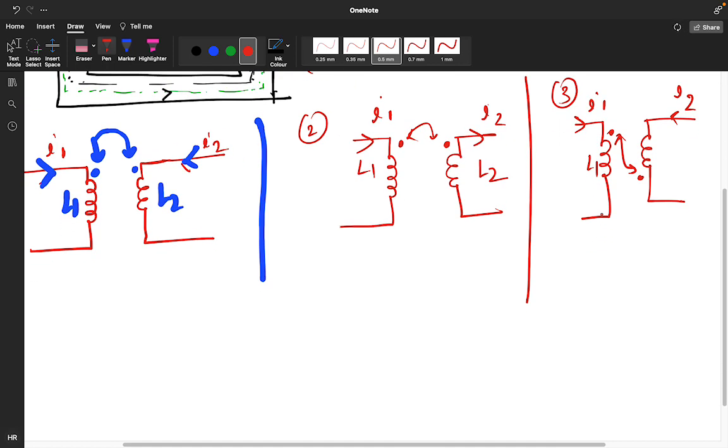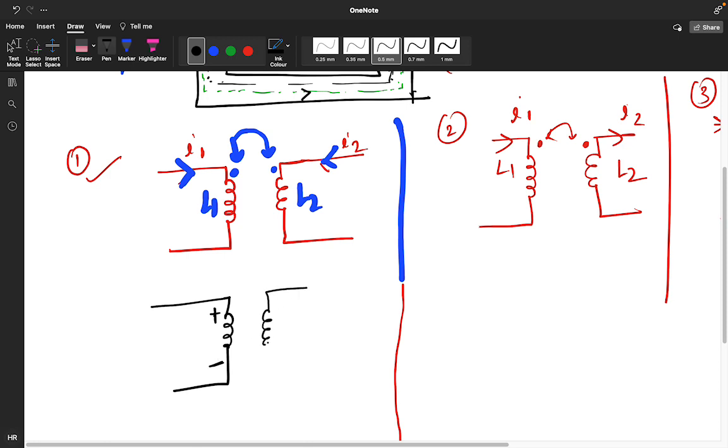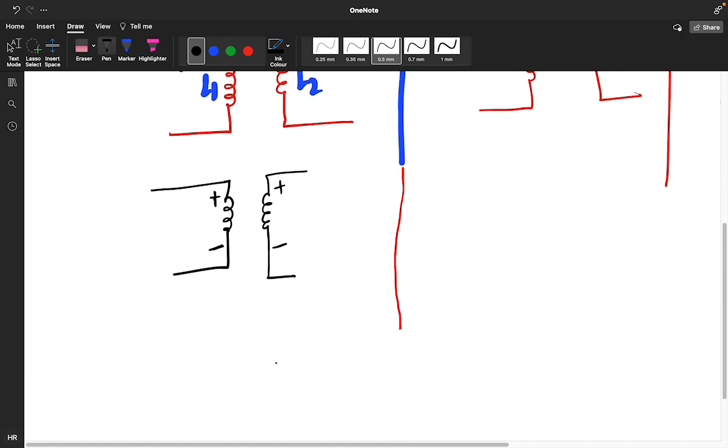Okay, so how will you solve this? See, it's very easy. Do like this. Where the current is coming into the dot, give the positive sign here, give the negative sign here. Where the current is going out of the dot, give the positive sign here, give the negative sign here.